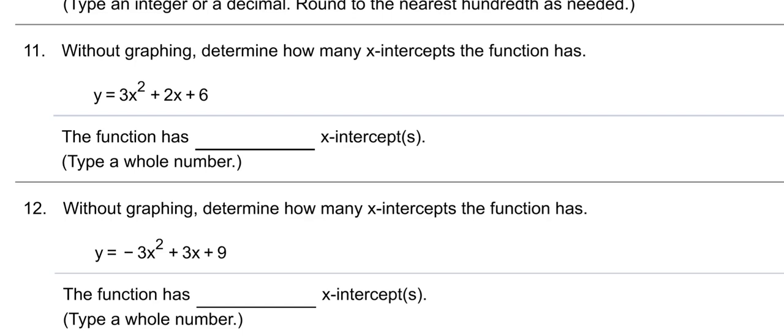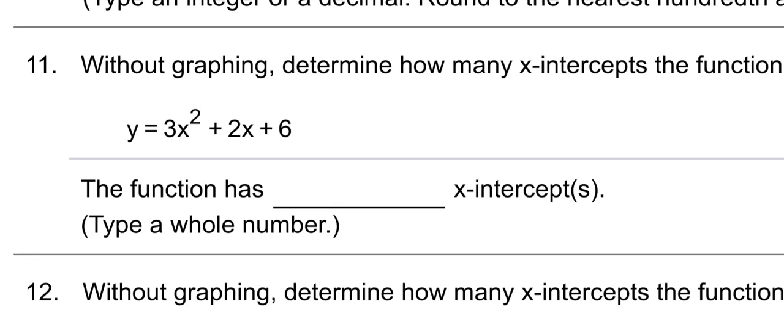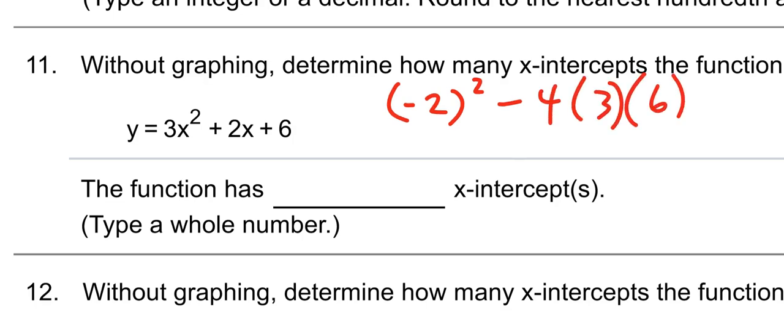Oh, sorry, yeah. Find your discriminant. Exactly, B squared minus 4 times A times C.